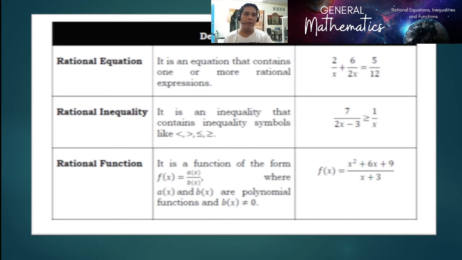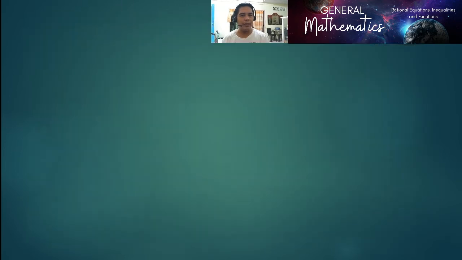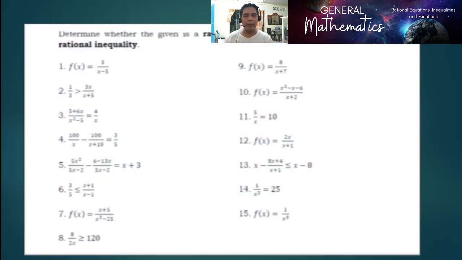So, paano ba ang madaling technique para maunawaan natin at ma-distinguish natin ang equation from inequality and the function? The technique here is kapag nakakita kayo ng equal sign, dalawa lang ang possible answer: rational equation or rational function.